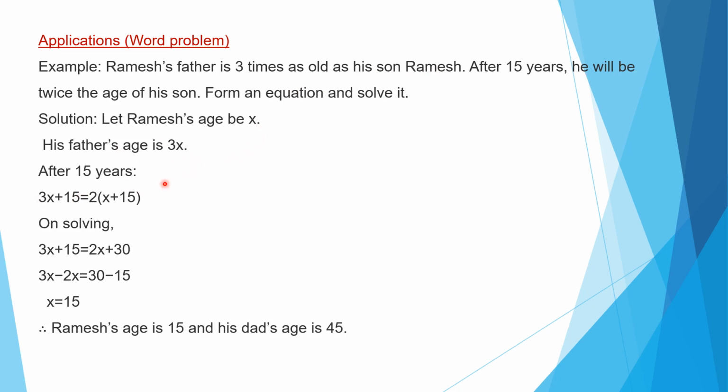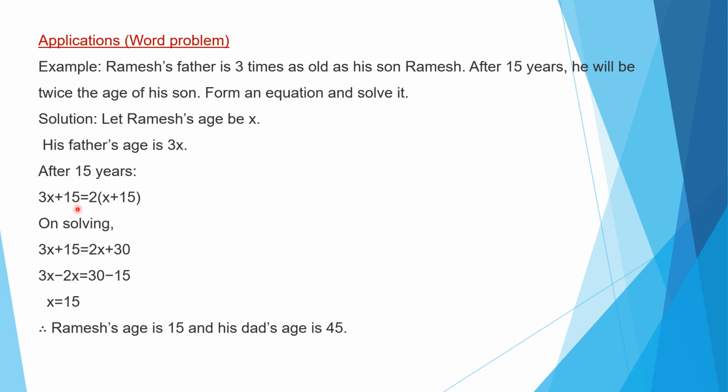Then after 15 years, twice the age of his son. That means 3x. After 15 years means we have to add 15 years here, right? So to the x value also we have to add 15 years, but twice. Son's age is x plus 15.